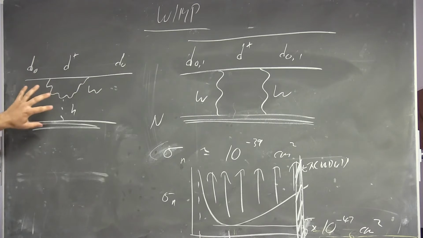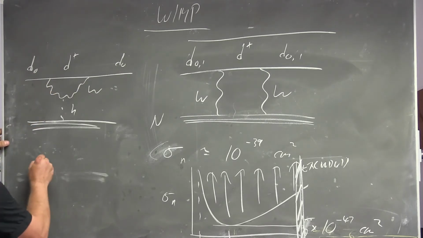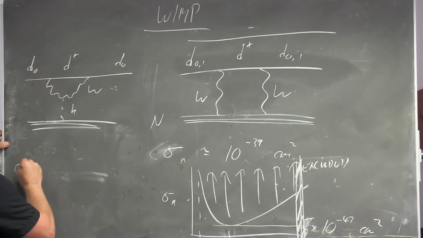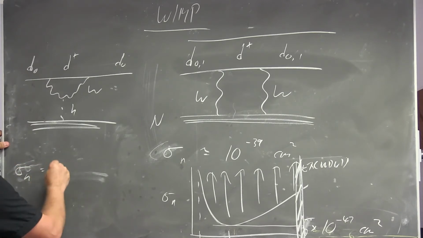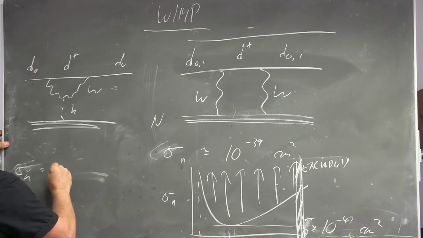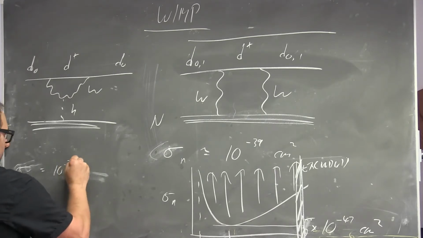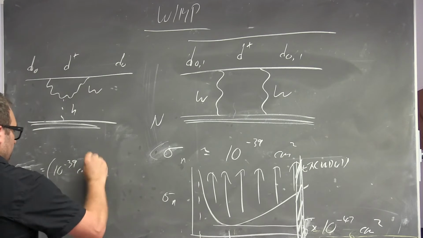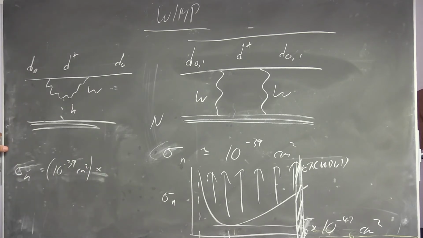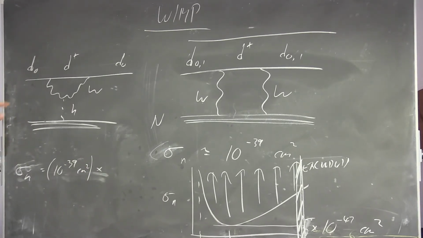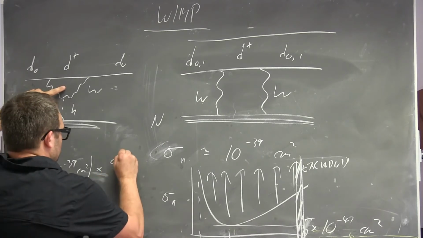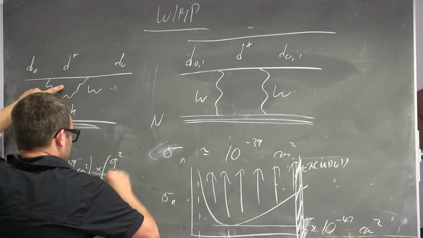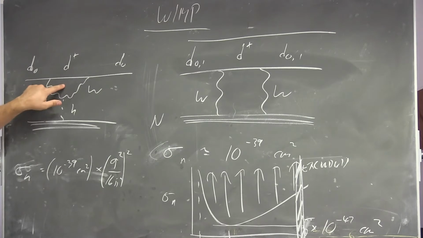If you do this diagram, you would estimate that the cross-section, sorry, the per nucleon cross-section would be whatever we had before, with its suitable scalings, times g squared over 16 pi squared from the loop.